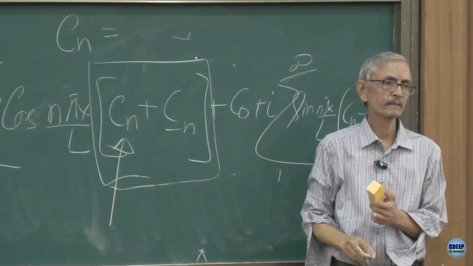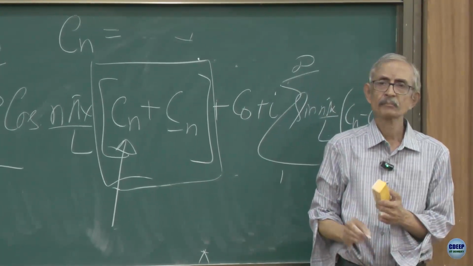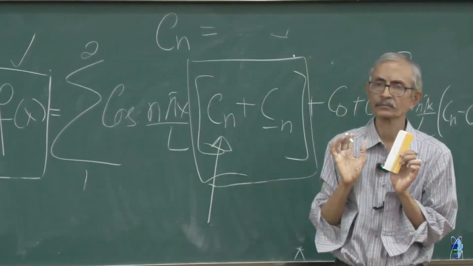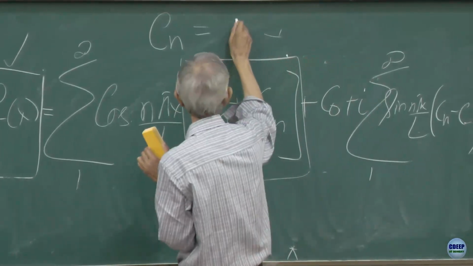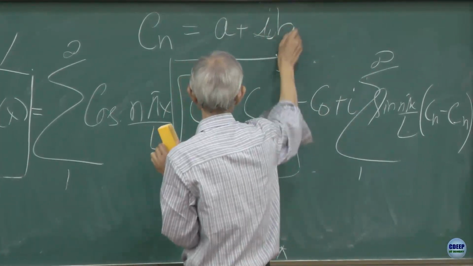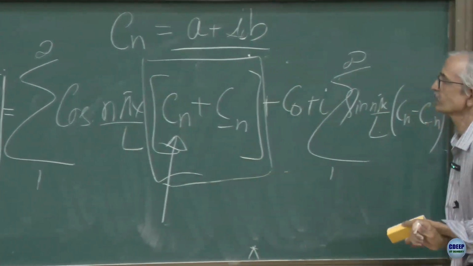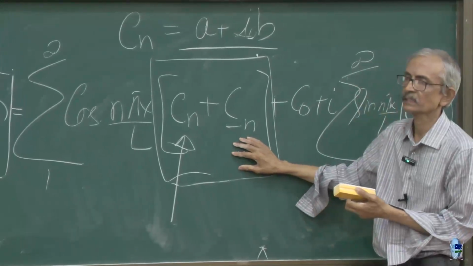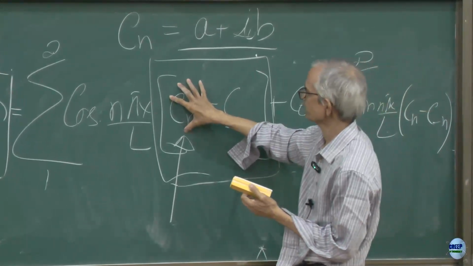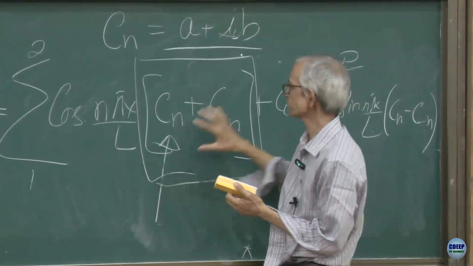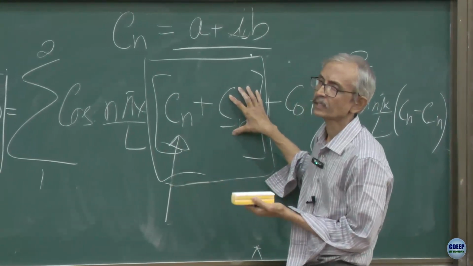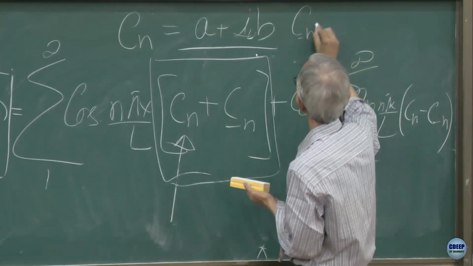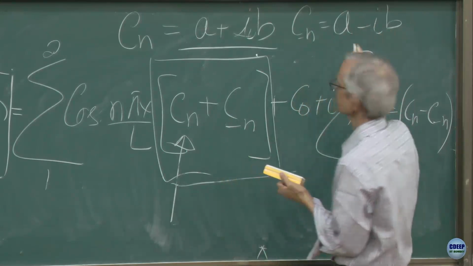Let us say Cn is A plus Ib. I have got Cn plus C minus n. If Cn is A plus Ib and I want this to be real, what should C minus n be? A minus Ib. So C minus n should be A minus Ib.